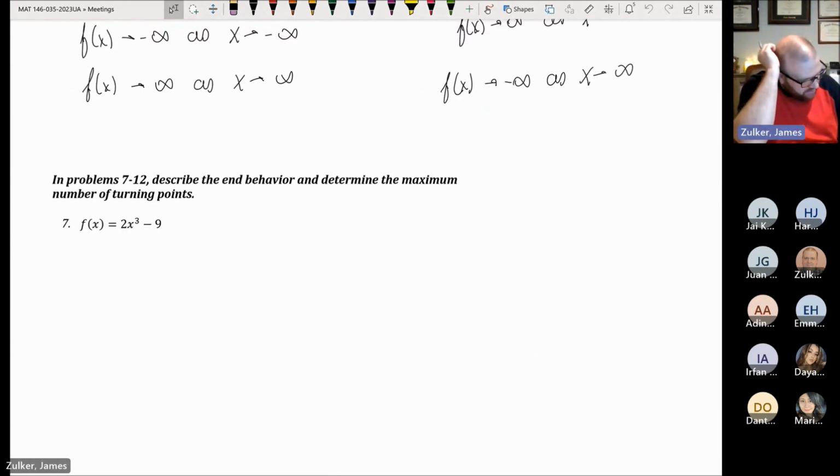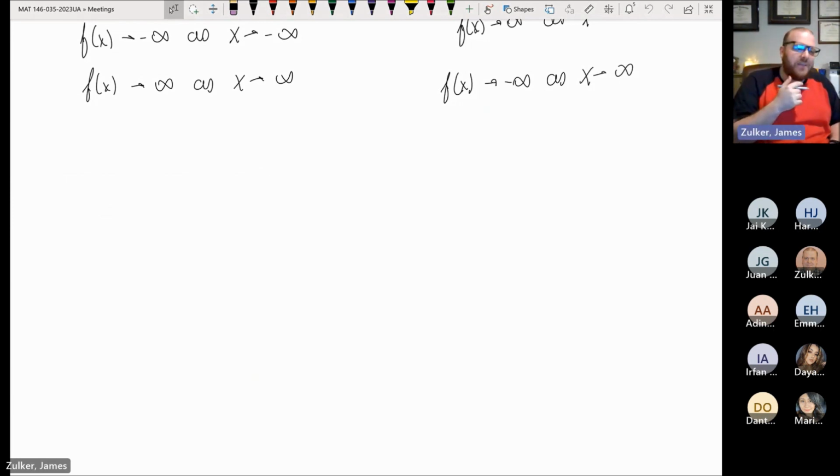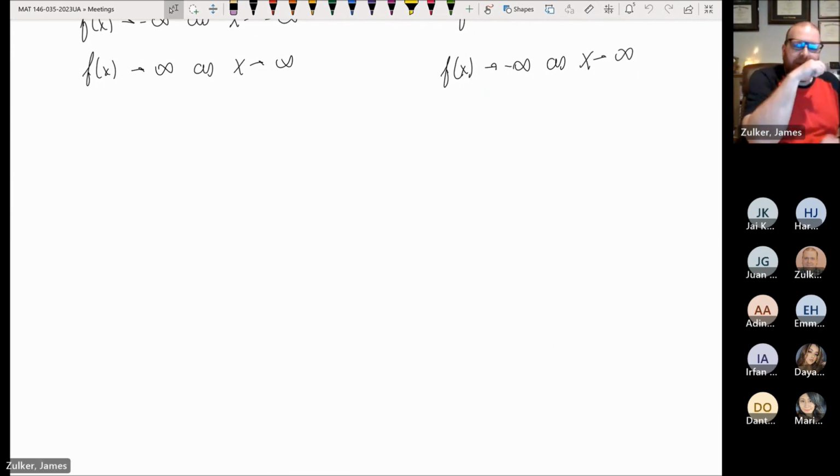Oh, I knew I forgot something. One more thing I want to look at. Once it catches up with the sink, that'd be nice. There we go. And that's the idea of turning points.